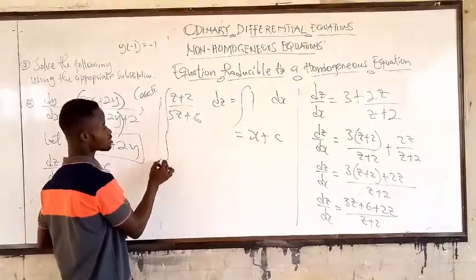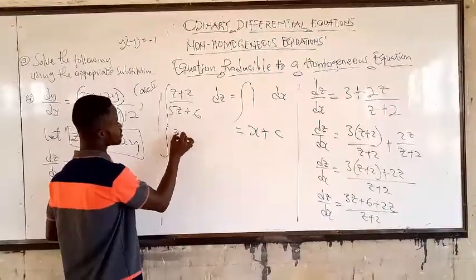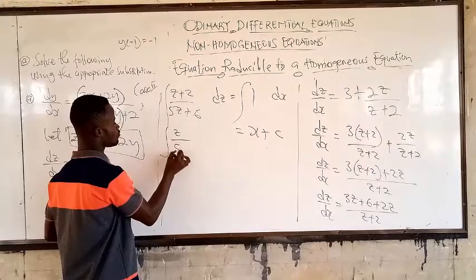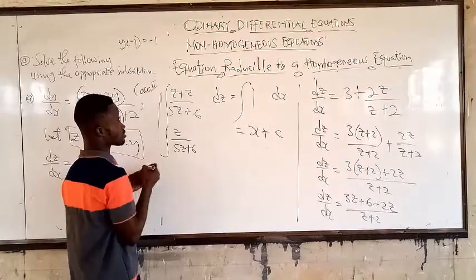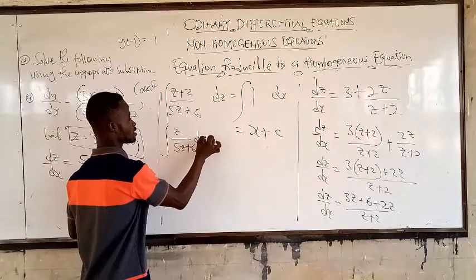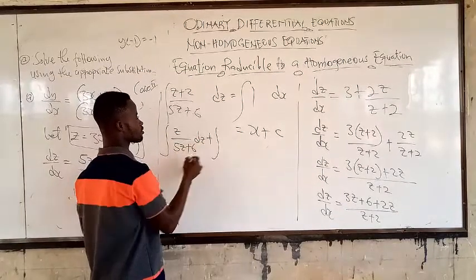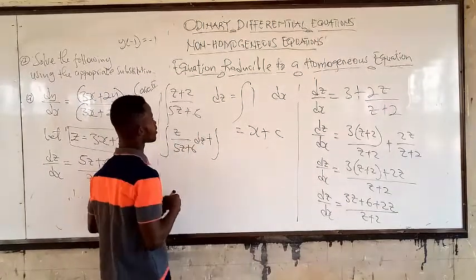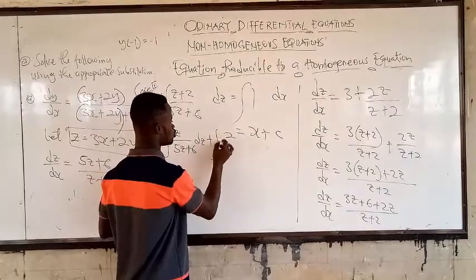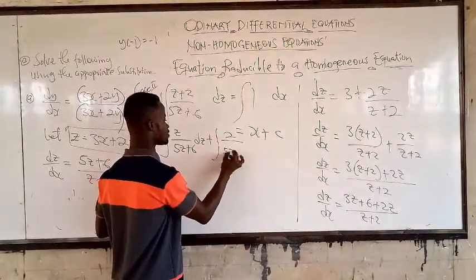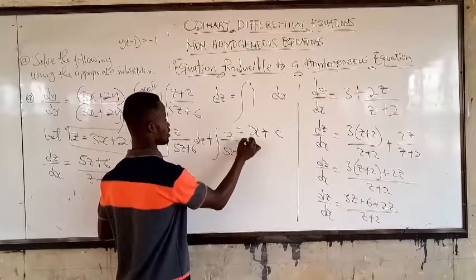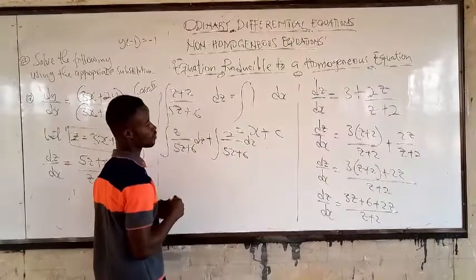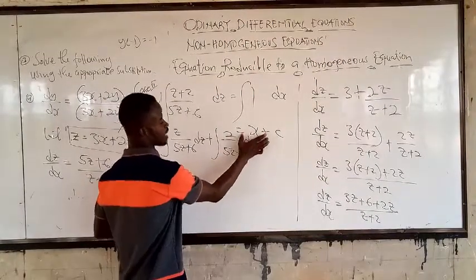So this is the integral of z over (5z + 6) dz plus the integral of 2 over (5z + 6) dz is equal to this. But you can't forget this side.